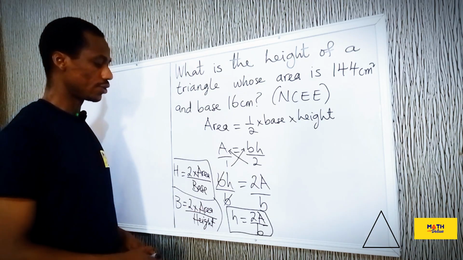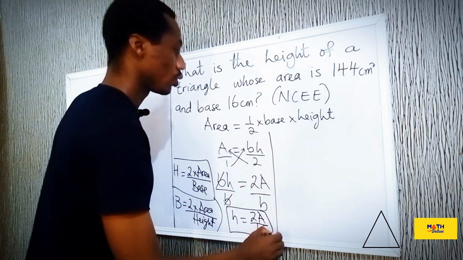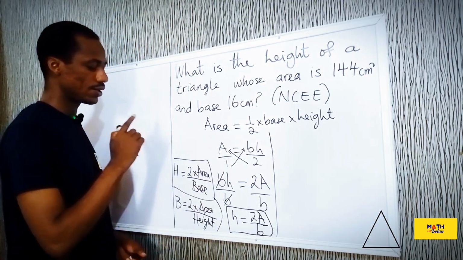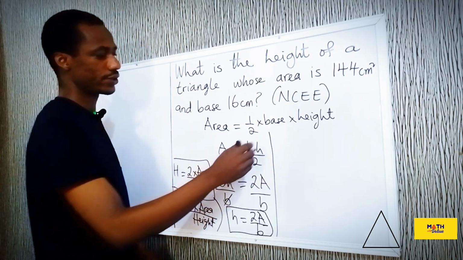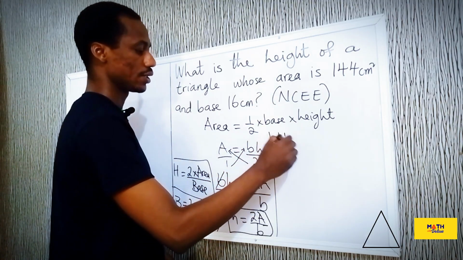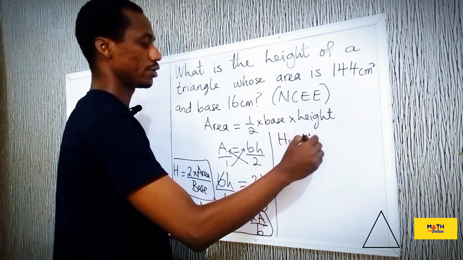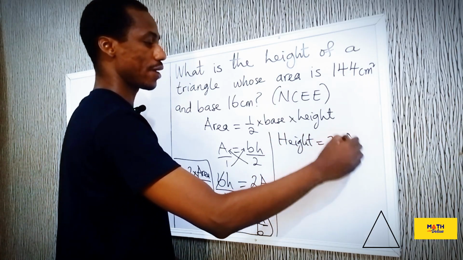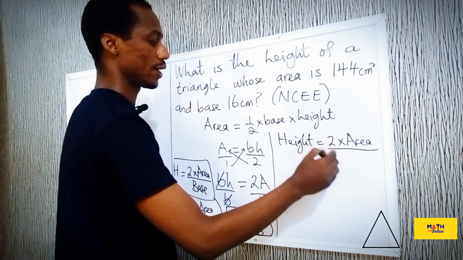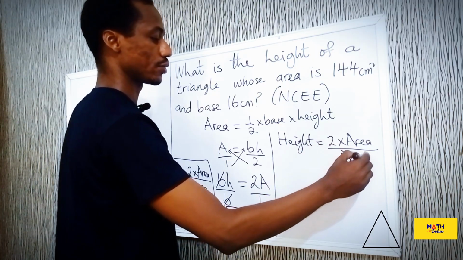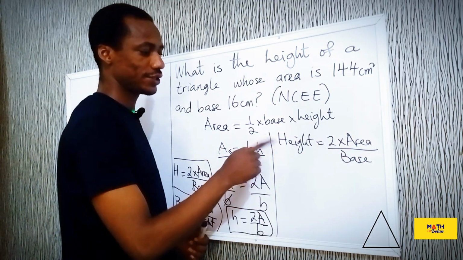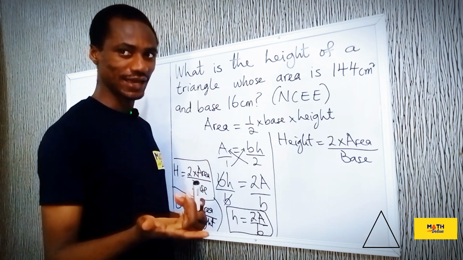Now, in this question, we have to find the height. So that means we are going with this: height equals 2 times area divided by the base. And I also told you that the base equals 2 times area divided by the height.